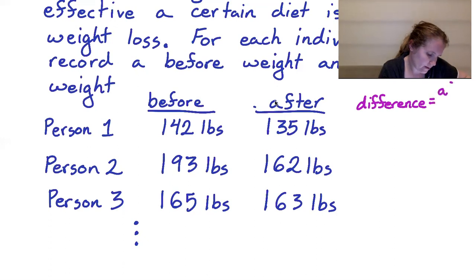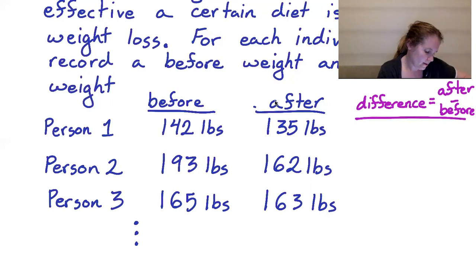So if we do after minus before, then we have 135 minus 142, otherwise known as -7.